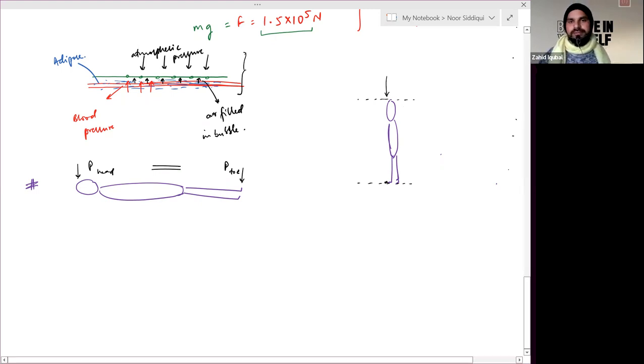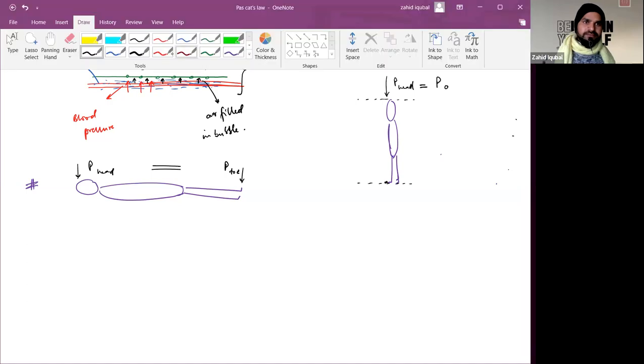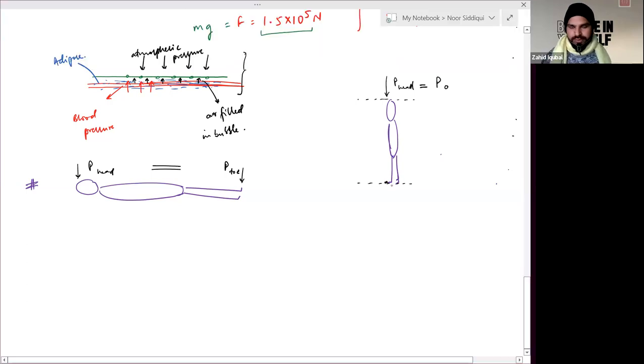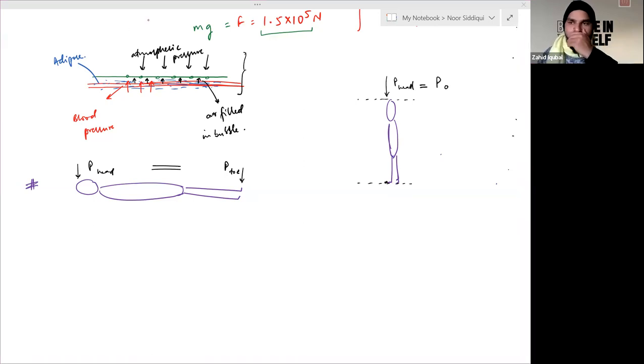So in the second part, on our head, there will be pressure only from air. That will be atmospheric pressure. But at our toe, there will be pressure in two different segments. One is atmospheric pressure, and the other due to blood stream, which is connected in all our body and which must be exerting some gauge pressure on toe.